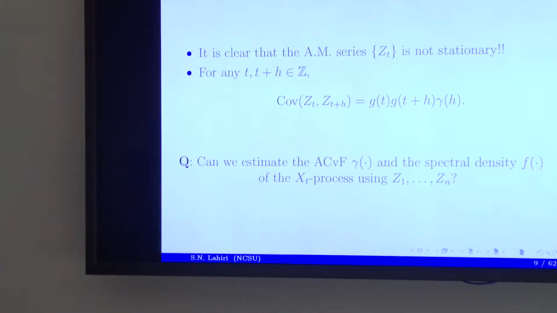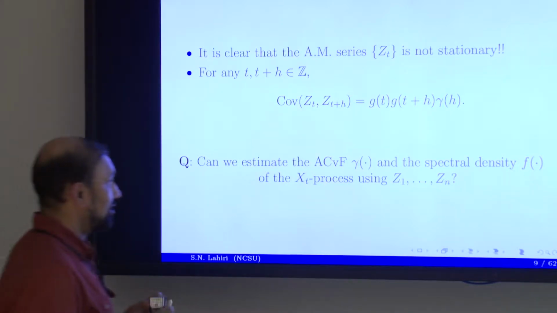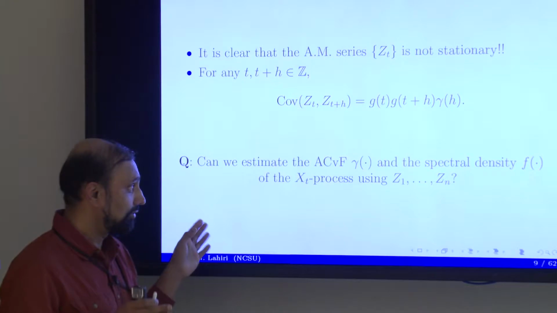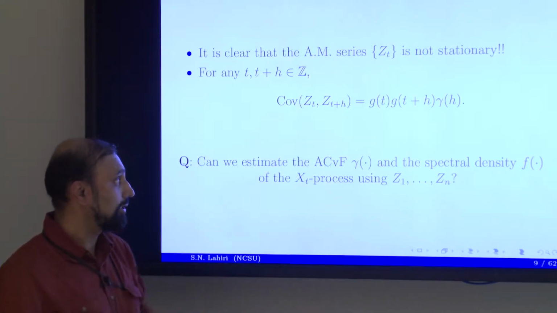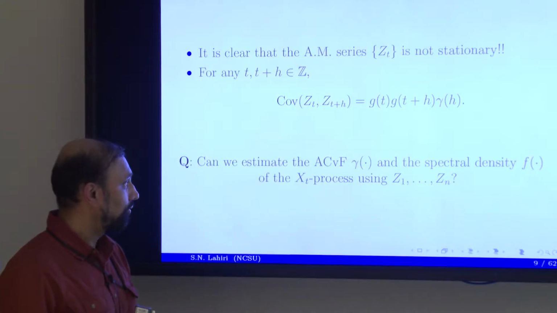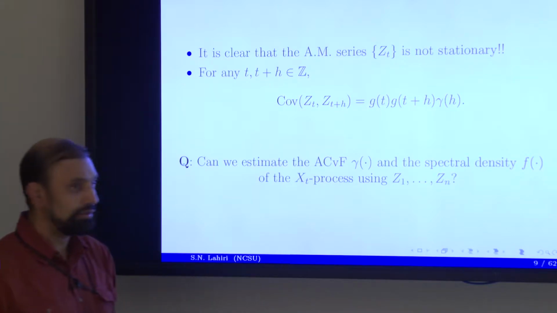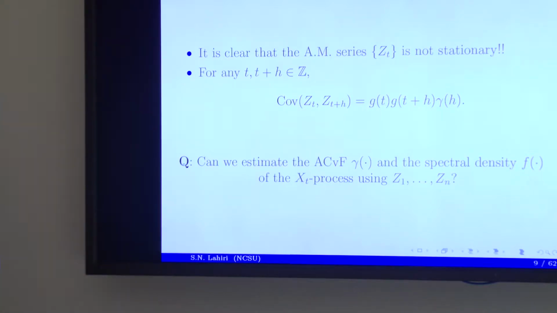Whether you call them zeros in the missing range or something else, it is only the values of X_t that you have over intervals of length alpha that are repeated periodically. From that, can you estimate the function little gamma? If you can estimate that, there is a way to estimate f, hopefully, right?